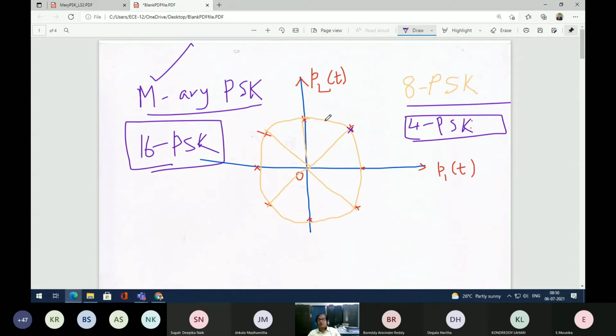I can have one more point here, one more point here, one more point here. Like that, I can have 16 PSK, where only the phase of each symbol is changed, not its amplitude. So it is the 16 PSK signal constellation diagram.